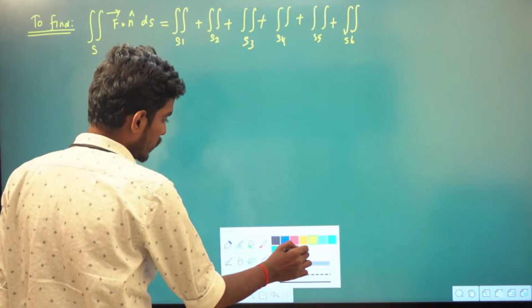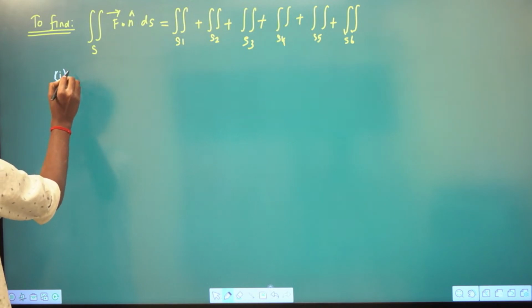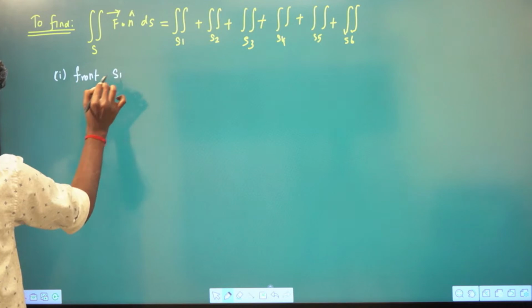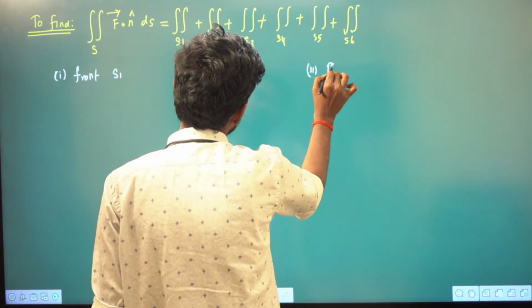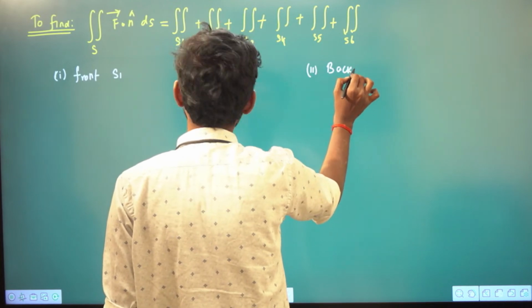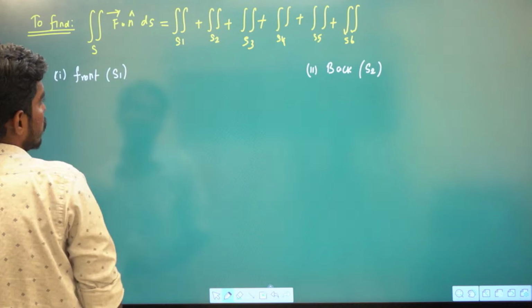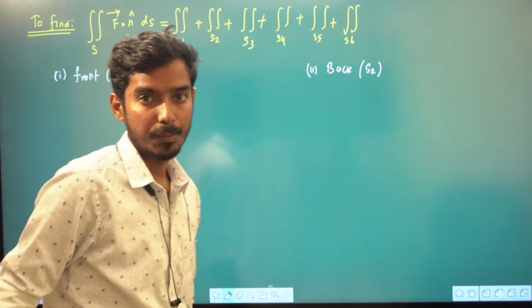First we will evaluate the front face, which is S1, and the back face, which is S2. We will take front and back, then left and right, and then up and down.